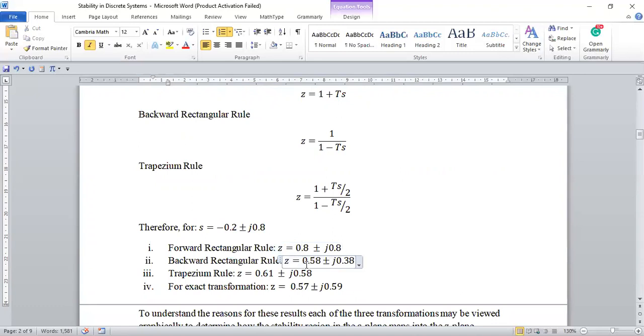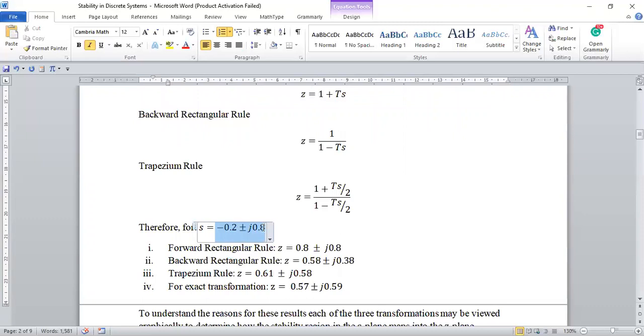Then for the backward rectangular rule, this is what we got. Then for the trapezium rule, we got this. Then for the exact transformation, that's z equals e to the sT, we got this.